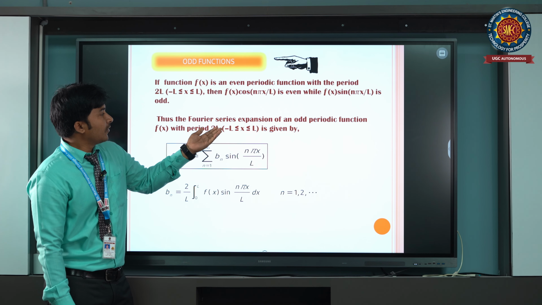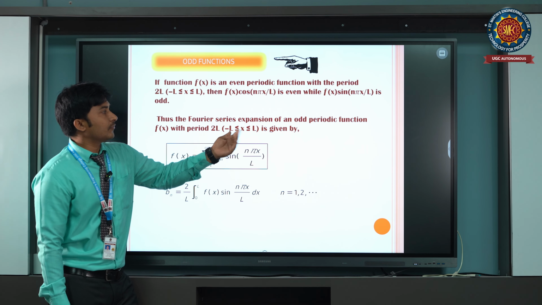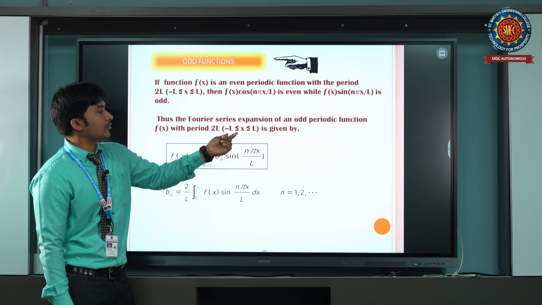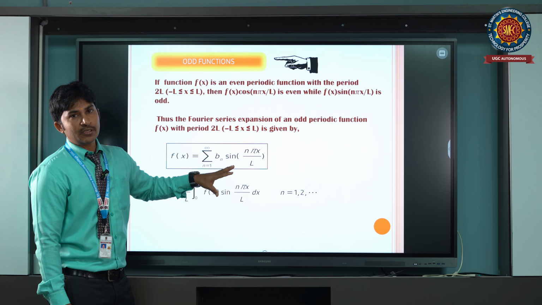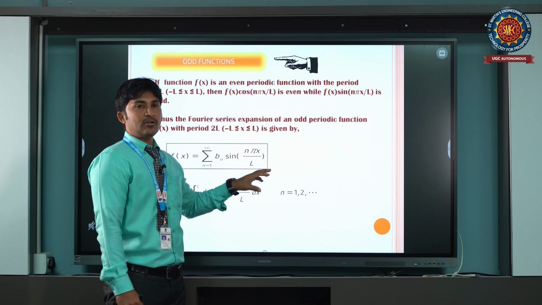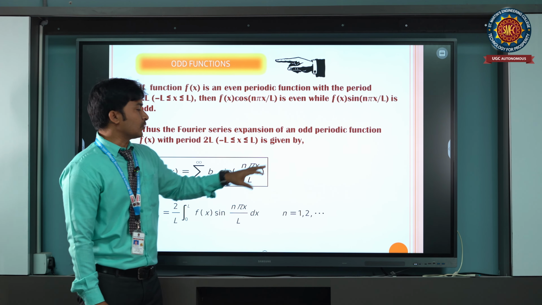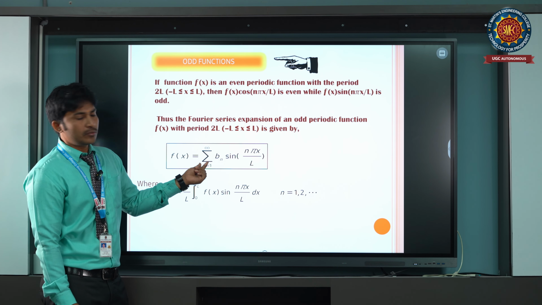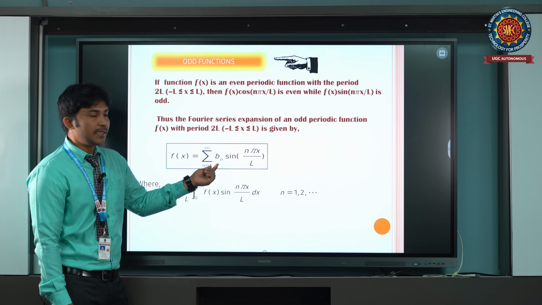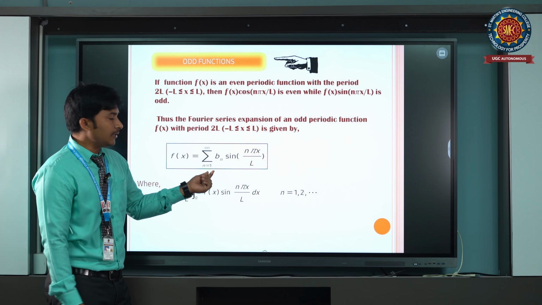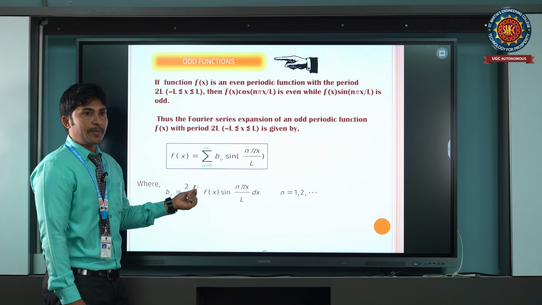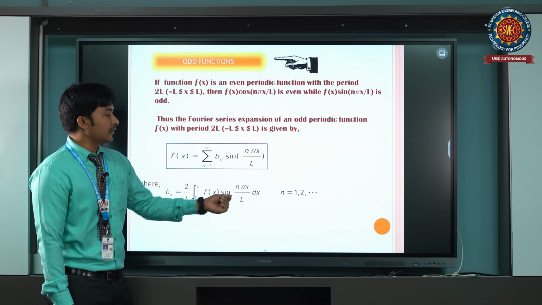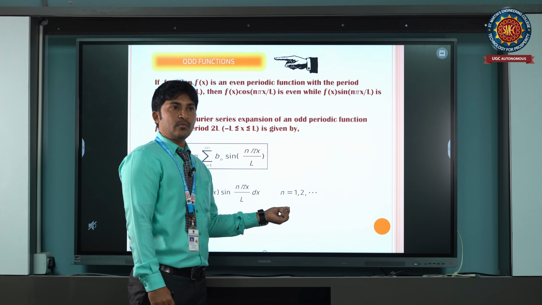Thus the Fourier series expansion of an odd periodic function with period 2l is given by f of x equal to summation n equal to 1 to infinity b n sin n pi x by l, where b n equal to 2 by l integral 0 to l f of x sin n pi x by l dx, for n equal to 1 and so on. In the odd function we find only b n; a n and a naught must be 0.